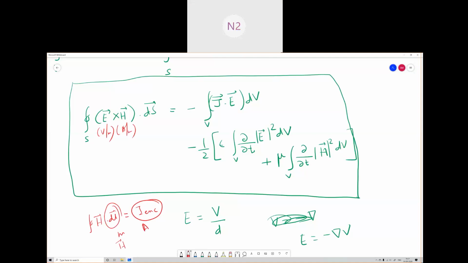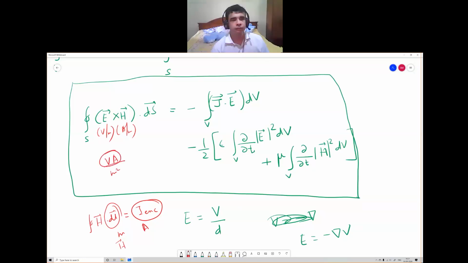Okay, so this is volts ampere by meter square. Now what is volts times ampere? What is volts times amp from high school? Ohms? Volts by amps is ohms, but what is volts times amperes?